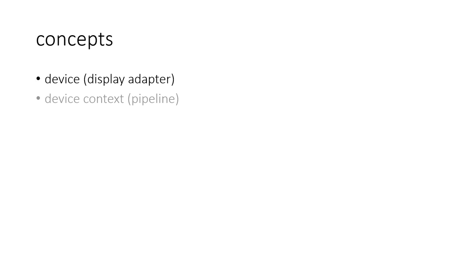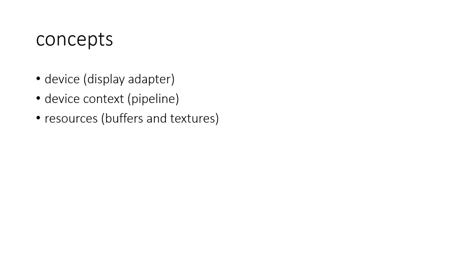So let's talk about some concepts that you'll hear me talk about and you'll see in the code and in the APIs. The device, or D3D device, is the way you program the display adapter itself, the actual graphics card. The device context is the way you program the rendering pipeline, and there's a whole bunch of stages in there that I'll talk about at some point.